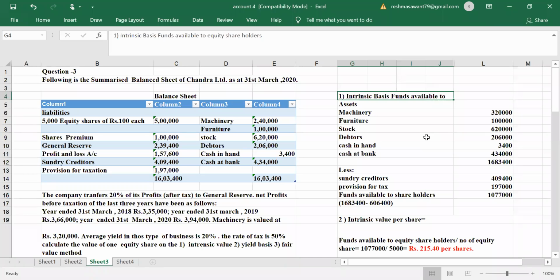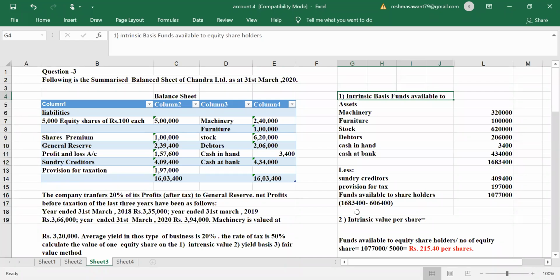But if a preference share is present in your question, its capital is reduced after this calculation, that is, net assets less liabilities, less preference share capital. Whatever the answer is, that is called funds available to equity shareholders.